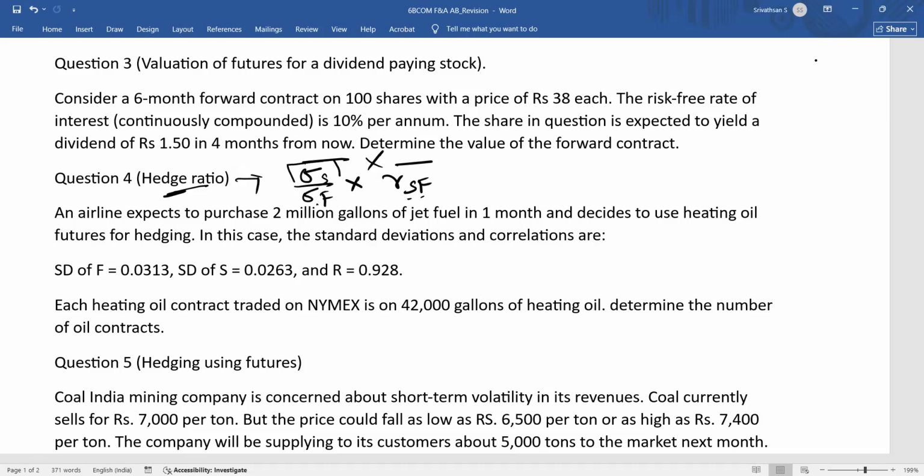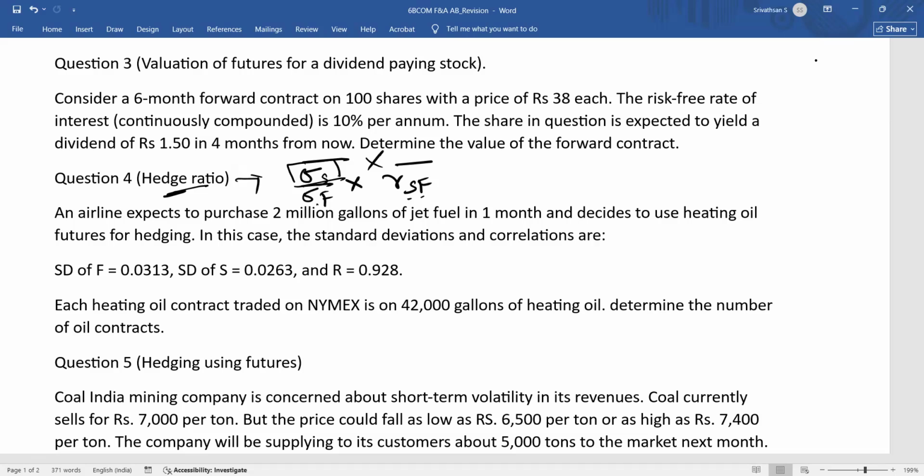What is the logic behind taking standard deviation of spot in the numerator? There is a direct relationship between the standard deviation of spot and the number of contracts. So in hedge ratio, standard deviation of spot should be the numerator.